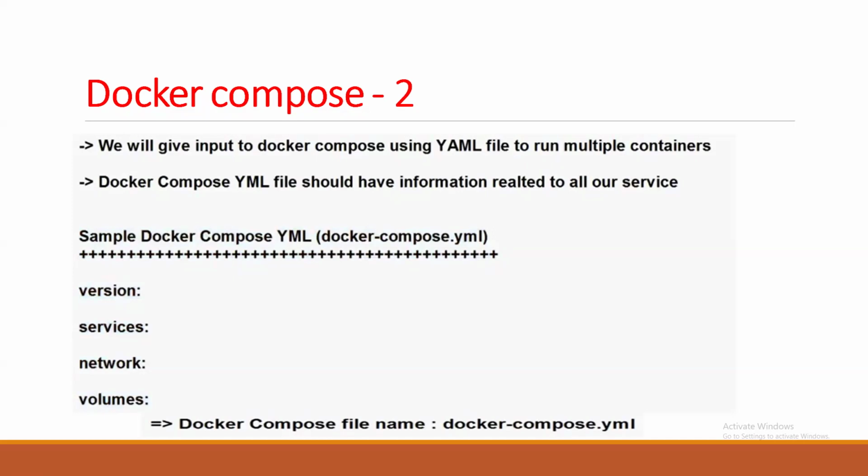The Docker Compose YAML file should have information related to all the services. For example, a sample docker-compose.yaml file: we need to mention the version, services, network, and volumes. Everything will be in one YAML file.